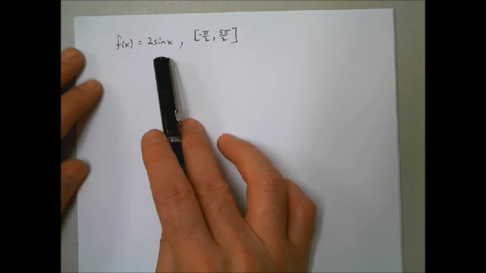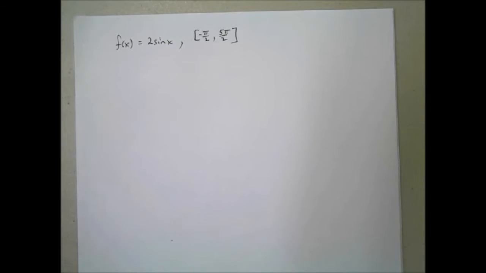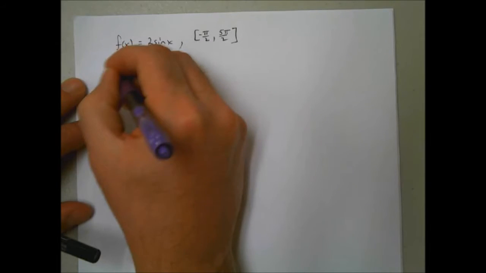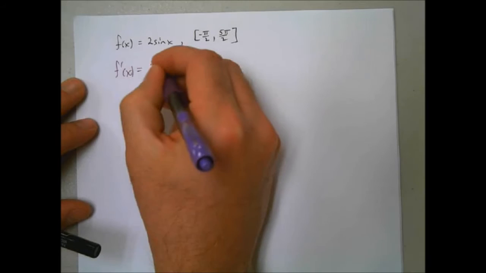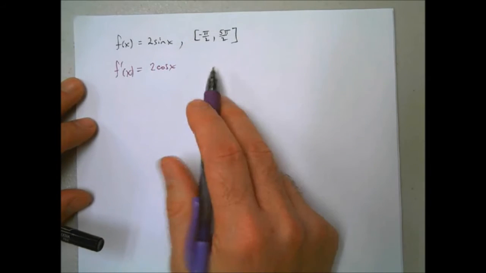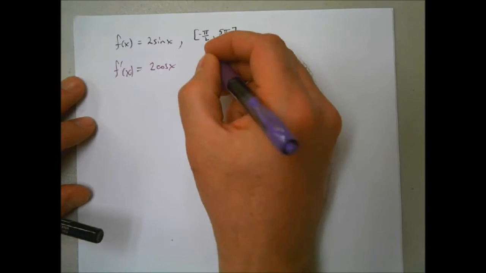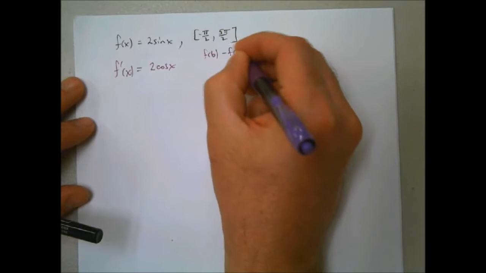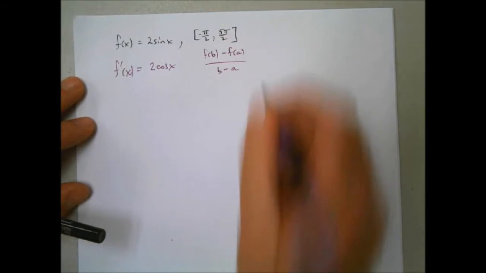So since the mean value theorem applies, I need the derivative. So f prime of x is 2 cosine x, and we also need f of b minus f of a over b minus a.